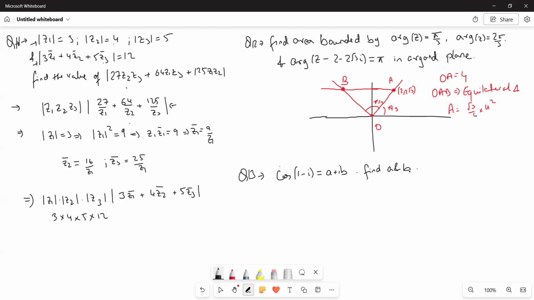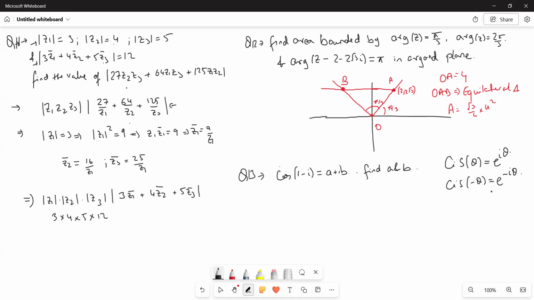So we have a couple of very interesting results that you actually need to remember. See, this question is based on the fact that cis theta is equal to e power i theta. We replace this: r cis theta is r e power i theta. And cis of minus theta becomes e power minus i theta.